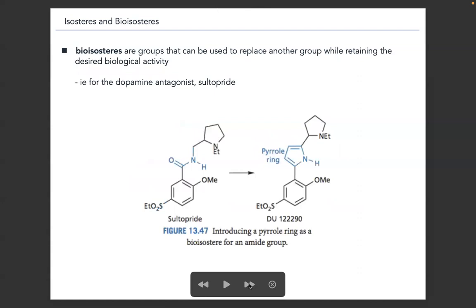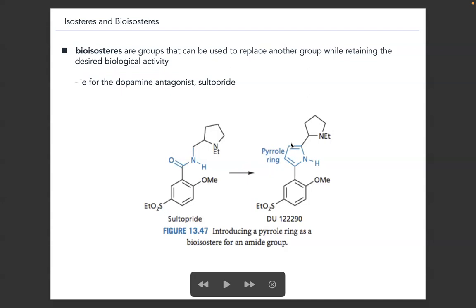Well, we can quickly go through bioisosteres. Bioisosteres are groups that can be used to replace another group while retaining desired biological activity. Okay, you don't know that until you've tested it. A really good example was this one in Saltapride here, where they're able to replace this amide with the pyrrole ring.